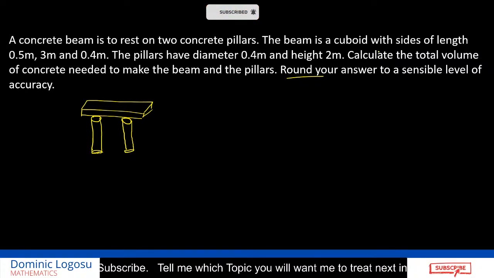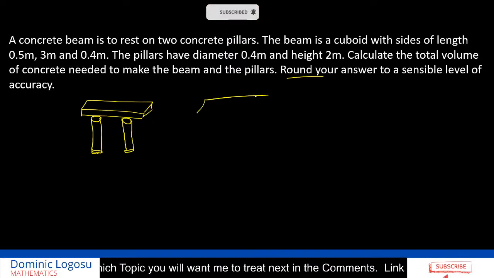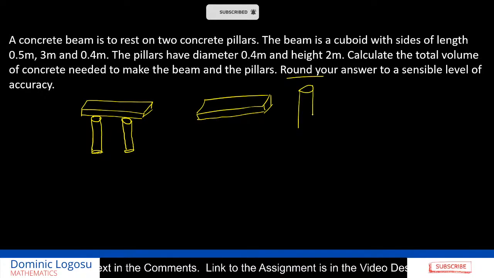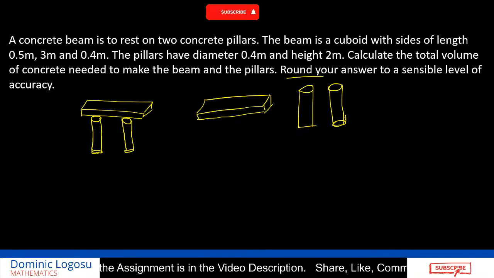So we'll go into that. Let's quickly separate this shape. With this particular shape, I have this beam, and then I have two cylinders. The cylinders are basically the pillars. How did I know that pillars are in the form of a cylinder?